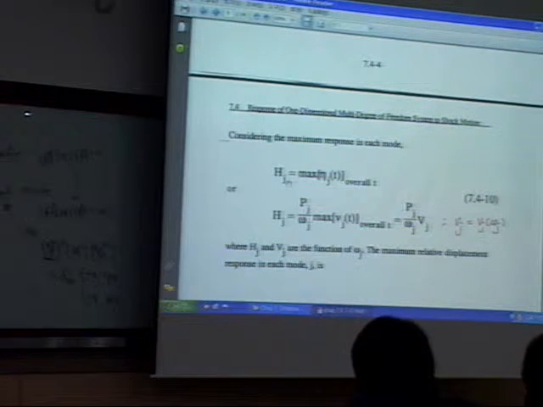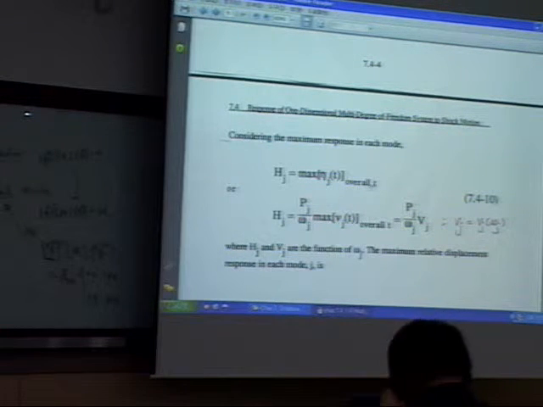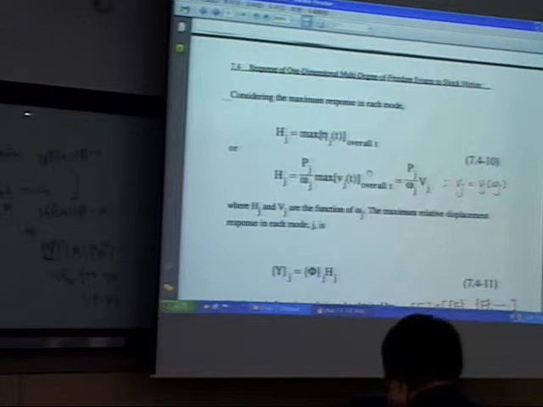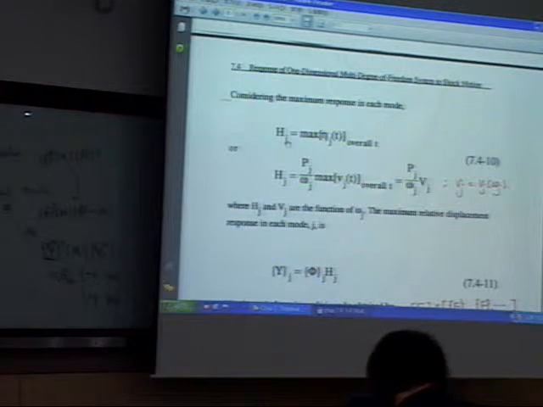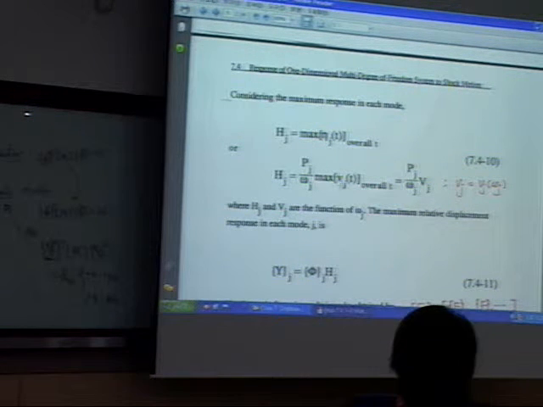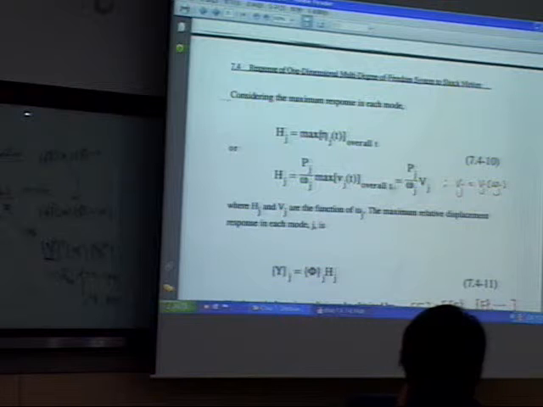Let's say Hj is a maximum value of eta j. J is a mode. Over all the t, you pick out the max. Okay? And every mode you have to do that. So designate Hj as eta, Pj over omega j, maximum Vj over all the t.